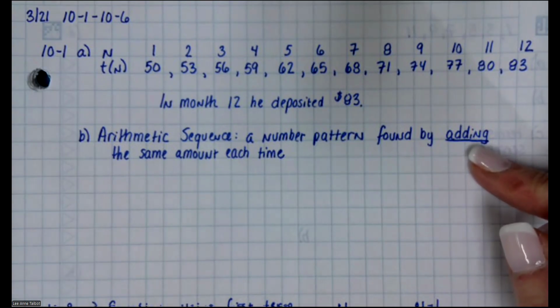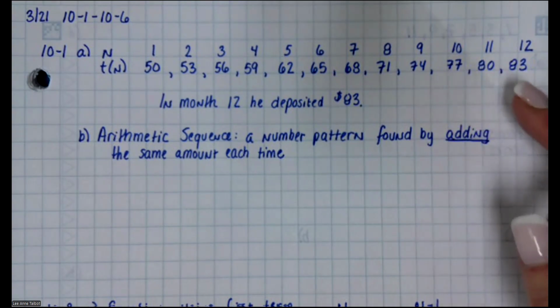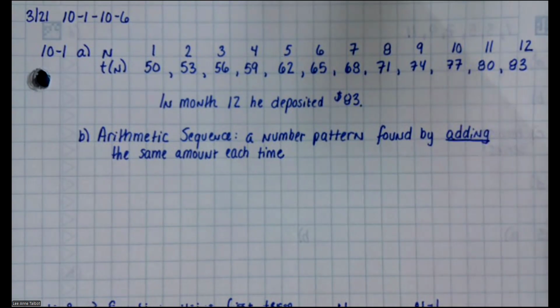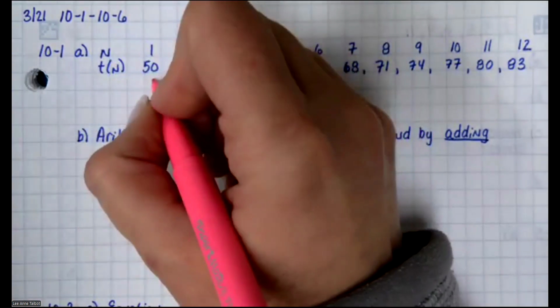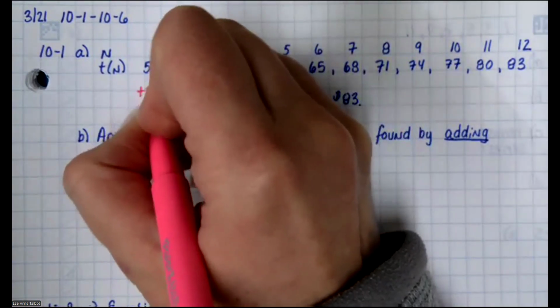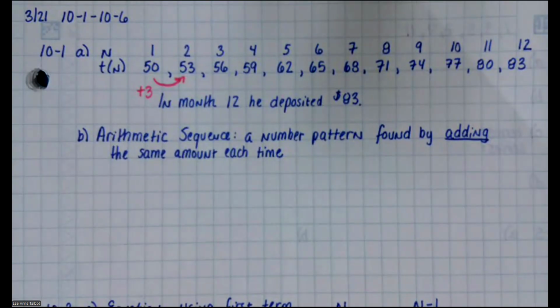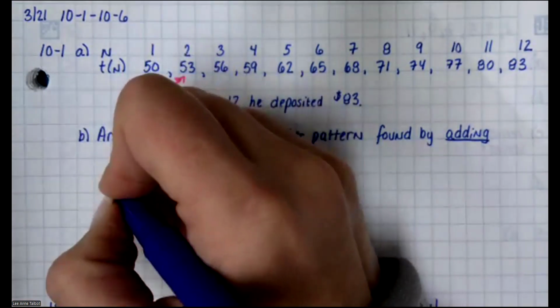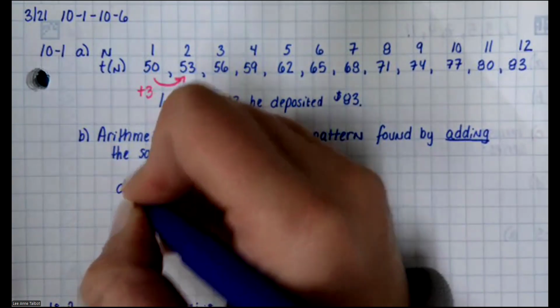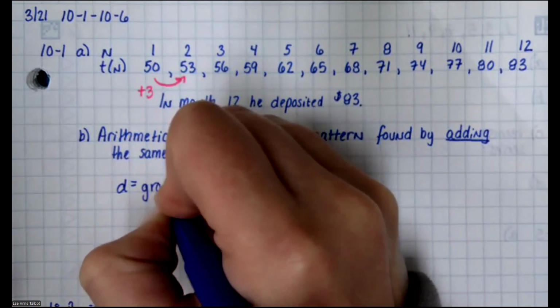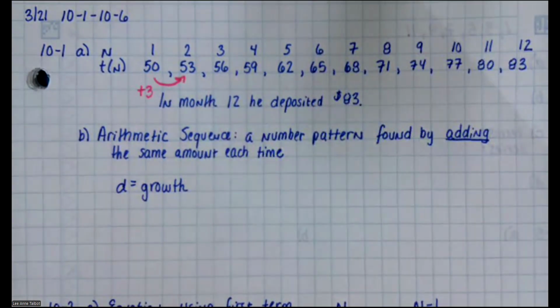You can add a negative and they can go down. They just need to be the same distance apart from each other. Okay, now in this particular sequence, they're going up 3 each time, and we call that D, which is the growth.